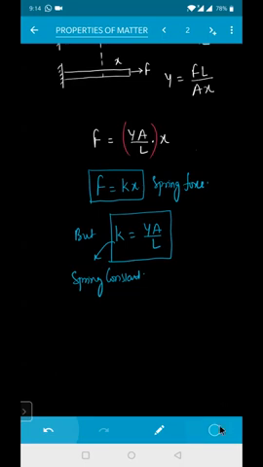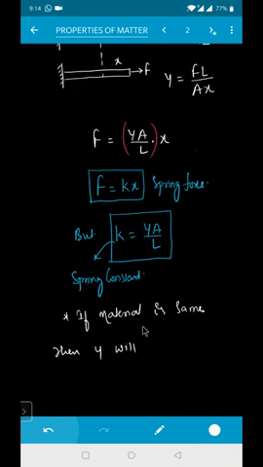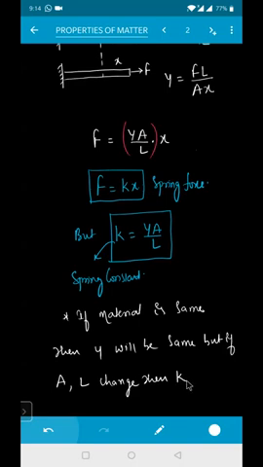Now see, if the material is the same, then Y will be the same, but if area and length change, then K changes.